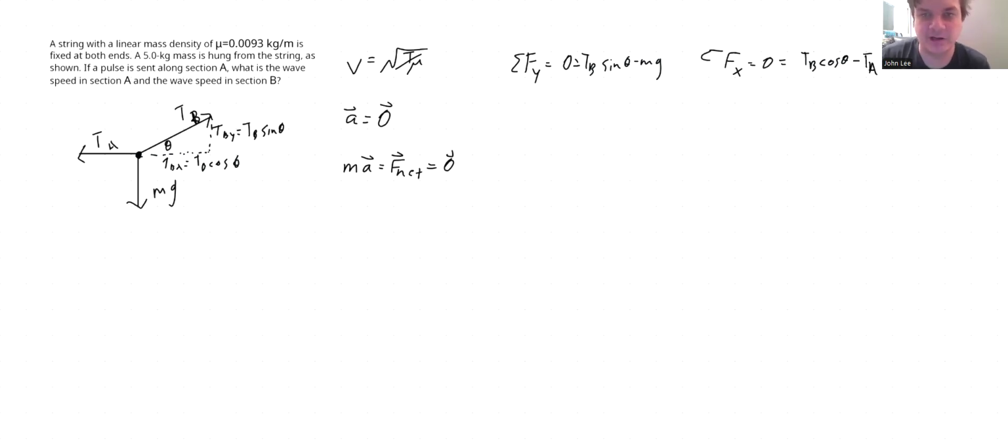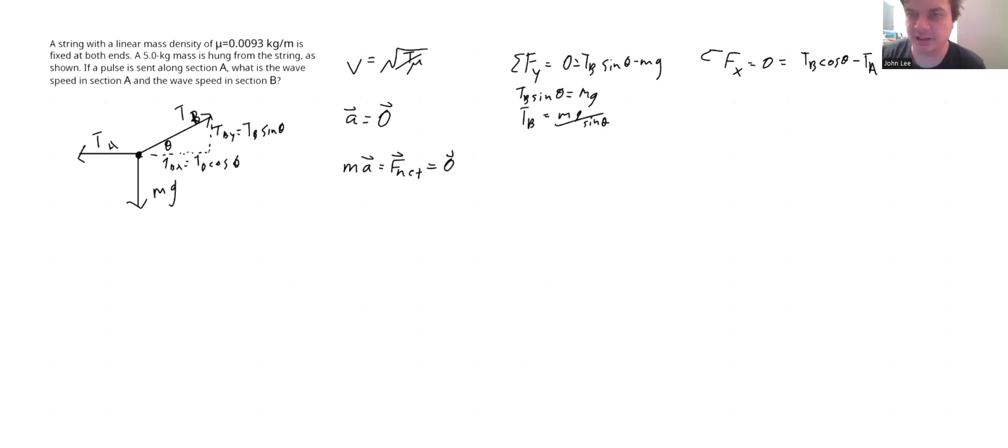We only have one unknown on the y side, so we're going to solve for that first. TB sine theta is equal to mg. Therefore, TB is equal to mg over sine theta.